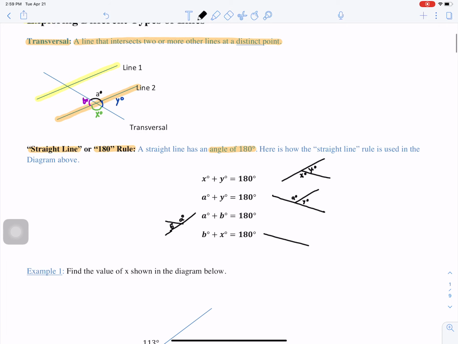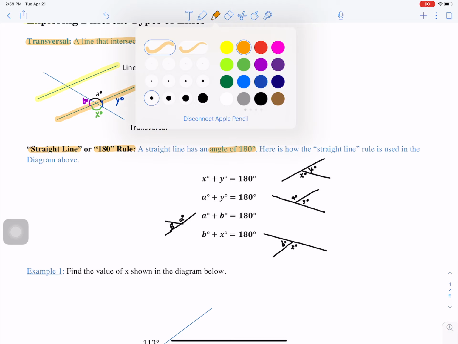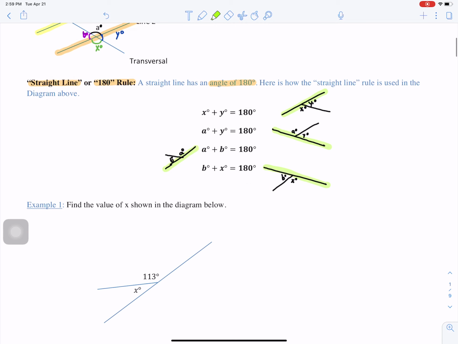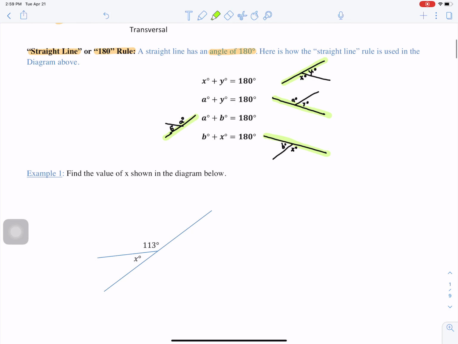And then B plus X lie on the left side of the transversal on line 2, so B plus X is 180 degrees. You're going to notice that in all three of these examples, line 2, drawn in green, is being broken into two parts because of the transversal. So both those parts have to add up to 180 degrees.